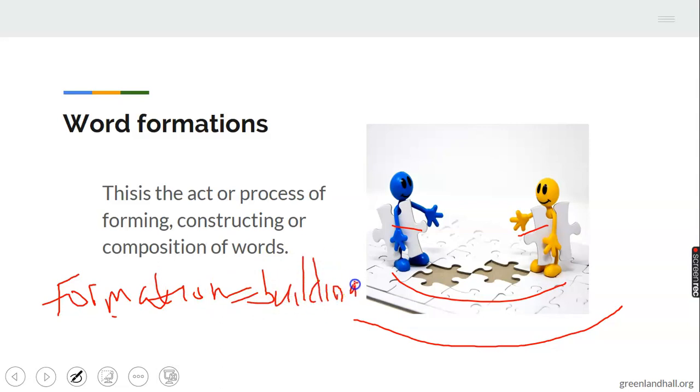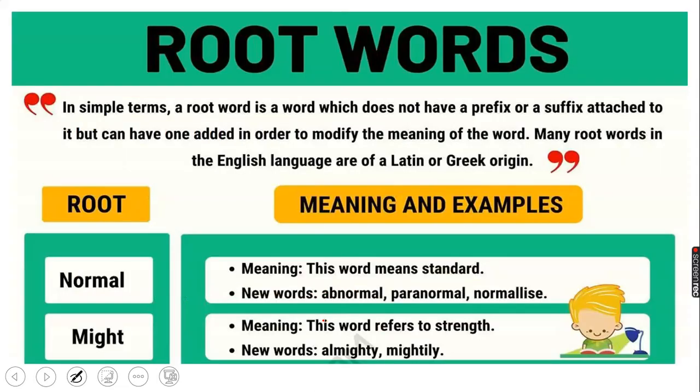Okay. Now, let's go to this root word. When you talk about root words, what are we trying to say? In simple terms, a root word is a word which does not have a prefix or a suffix attached to it, but can have one added in order to modify the meaning of the word.